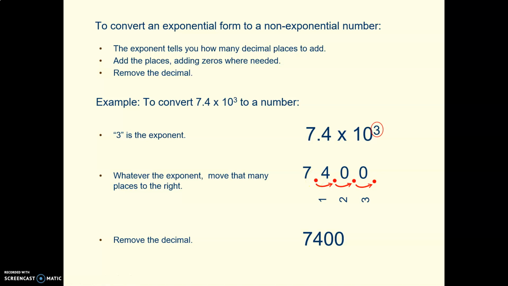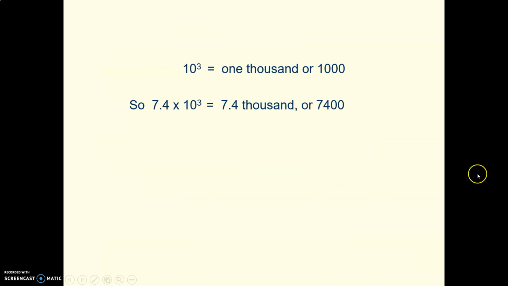If we're saying times 10 to the third, we'll go 1, 2, 3. 7.4 times 10 to the 3 is the same as 7,400. 10 to the third is the same as 1,000. So 7.4 times 10 to the third is 7.4 thousand, or 7,400, however you like to say it.